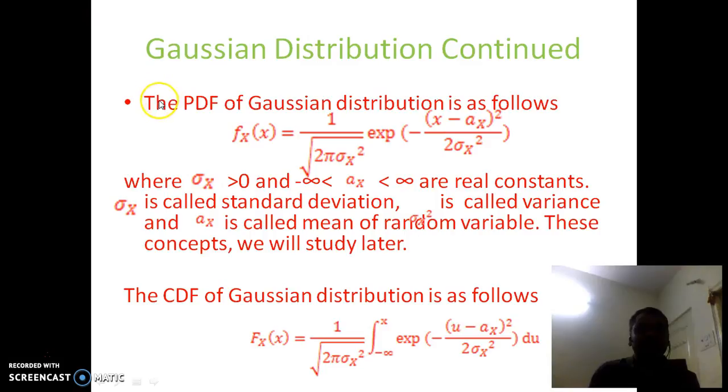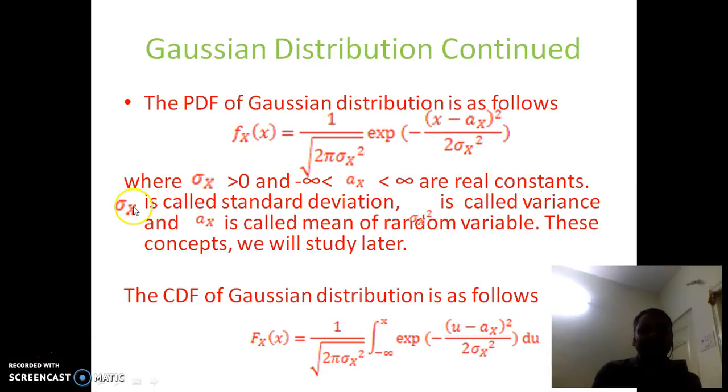The PDF of Gaussian distribution is as follows. fx of x is equal to 1 divided by square root of 2 pi sigma x squared, exponential of minus (x minus ax) whole squared divided by 2 sigma x squared, where sigma x is greater than 0 and minus infinity less than ax less than infinity are real constants.